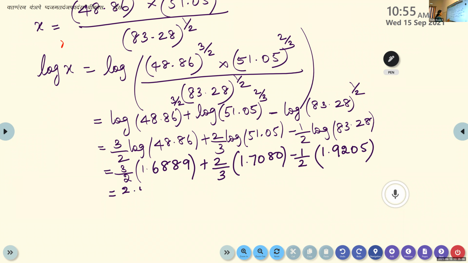Check it. Are you getting like this? 2.5335 plus again the next one, 2 by 3 into 1.7080.